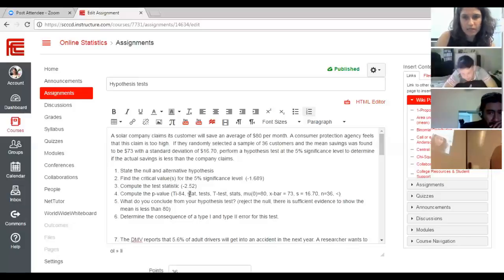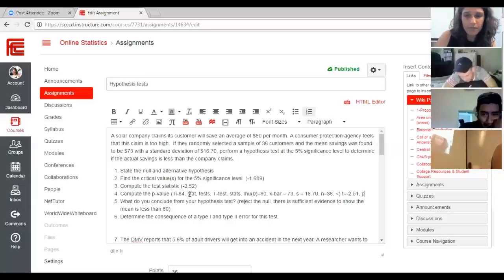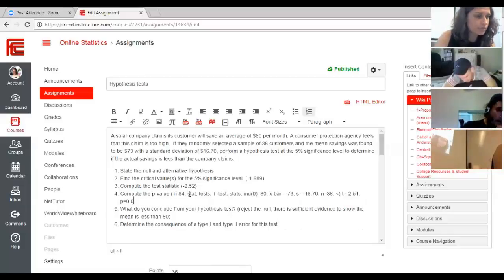It gives me t equals negative 2.51. I calculated that by hand, x bar minus mu over s over the square root of n, but my calculator did it also. And then it gave me p equals 0.008. That was using my calculator, and you can do the same thing in StatCato.